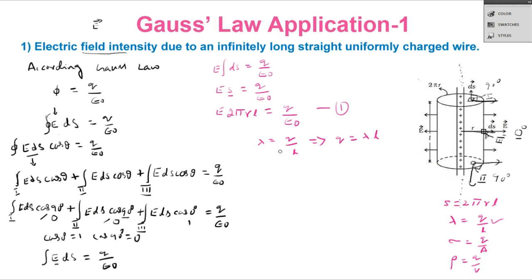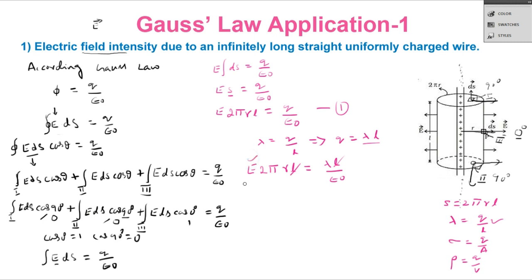Because I send this L to this side, Q is equal to lambda L. In the place of Q you substitute lambda L in equation 1. So you will get E into 2 pi r L is equal to lambda L divided by epsilon naught. Here L and L will get cancelled.